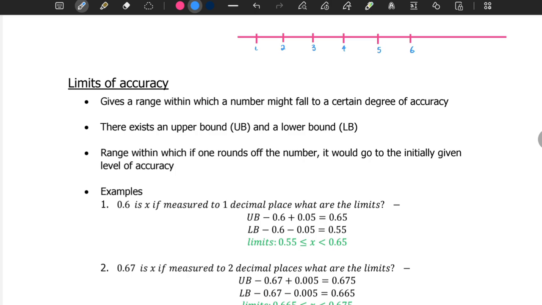A ruler is therefore accurate within those markers depending on how fine the calibration is or the precision is for that particular ruler.